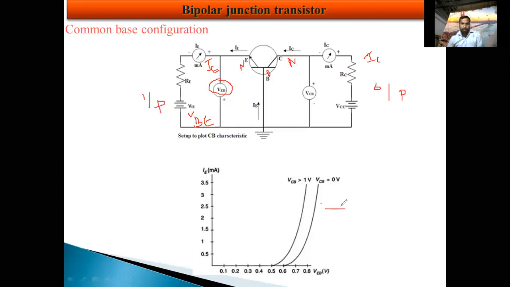Now how can we explain this? To plot the input characteristics, we keep the output voltage constant, that is VCB. Now VCB is kept constant.